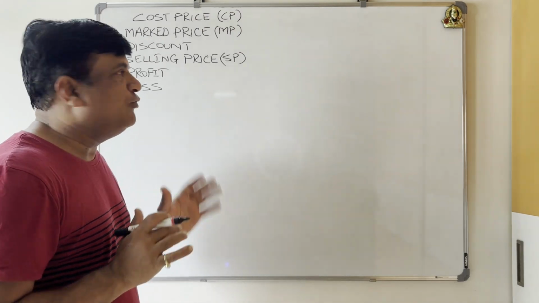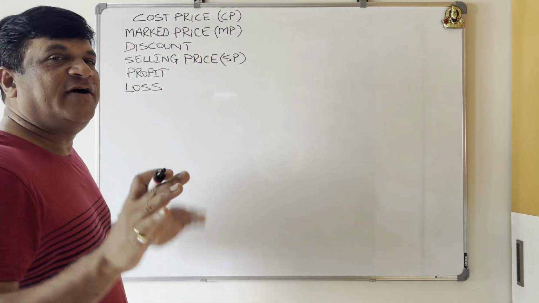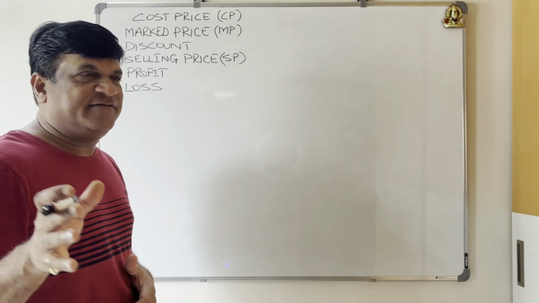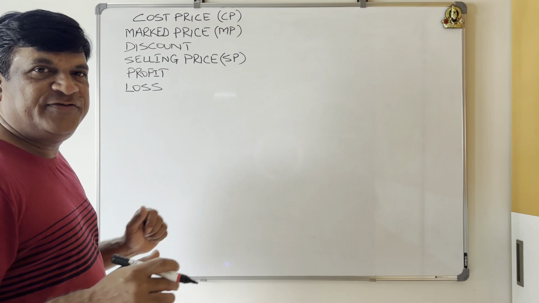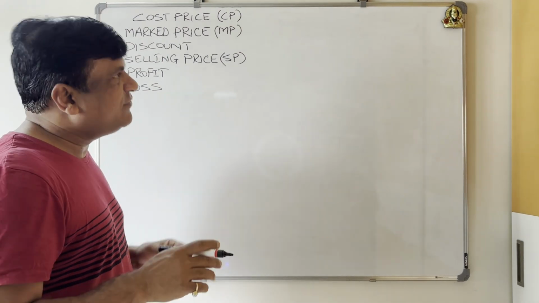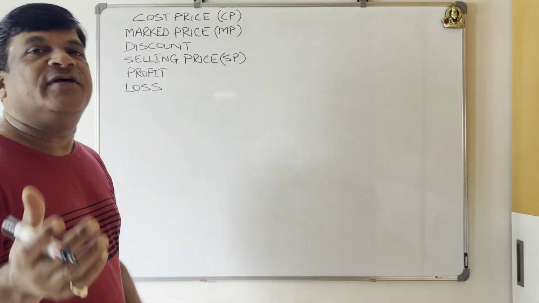Okay, let's see how these terms are used in real life by businesses. If you look at it, everything has to do with prices, discounts, percentages, and everything. So let's look at how this plays out in real life.